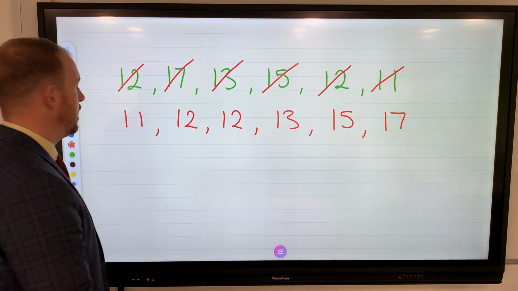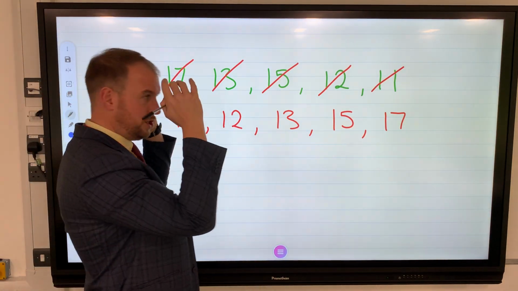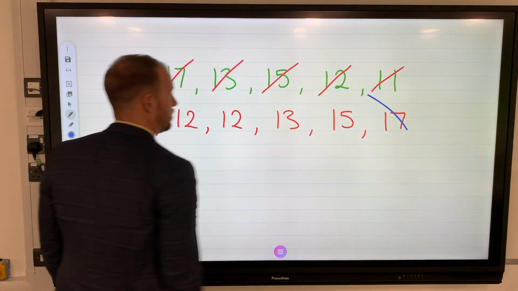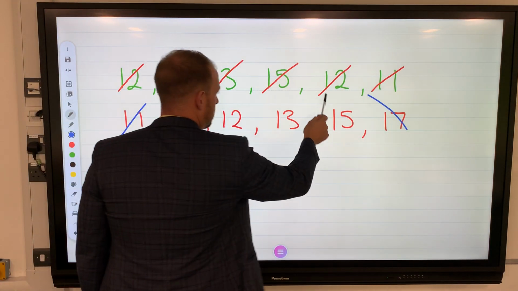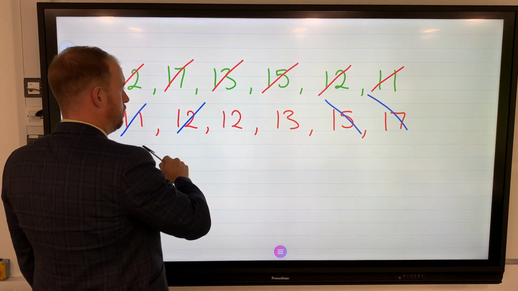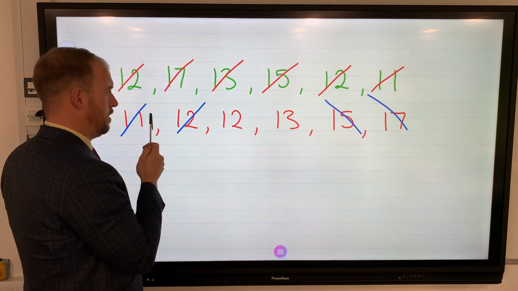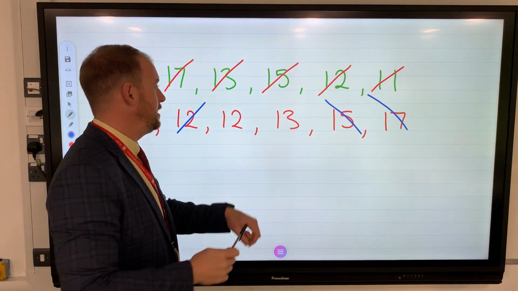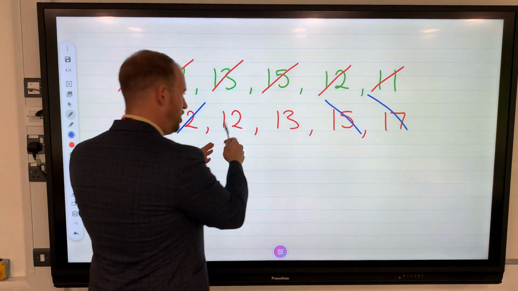6 numbers. Think of cutting the crusts off your sandwiches. You start on the outsides. Let's cross those 2 off. Let's cross these 2 off. Oh, right, I've got 2 numbers left now. So if I've got 2 numbers left, a little bit different. I still need to find the median, but I've got 2 different numbers.